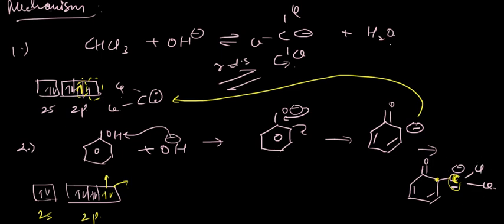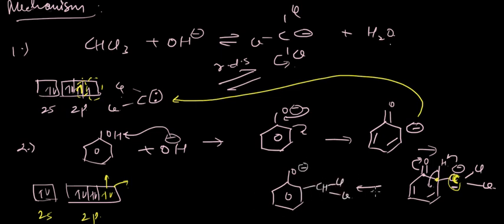Next, what will happen is, we have a hydrogen atom also here, so it will form a bond here. This carbon atom and this carbon atom will form a bond here, and this negative charge will attack this hydrogen atom. Okay, and as this carbon atom forms a bond with this carbon atom, the bond pair is taken back by the oxygen atom. We'll get something like this, and CHCl2.